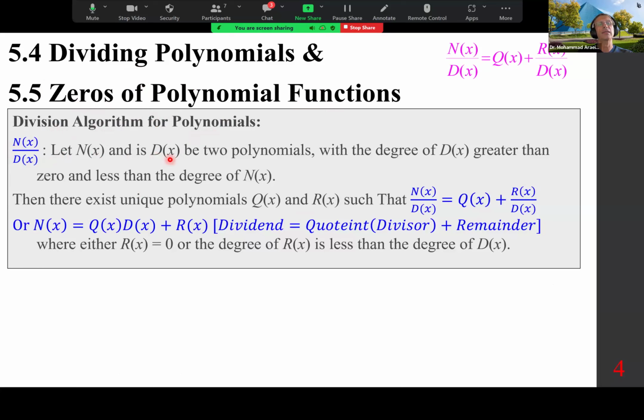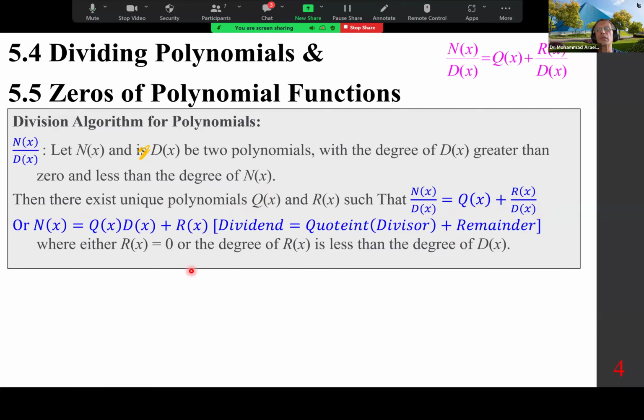Let n of x and d of x be two polynomials with a degree of d of x greater than 0 and less than the degree of n of x. Then there exist unique polynomials q of x and r of x such that n of x over d of x equals q of x plus r of x over d of x.